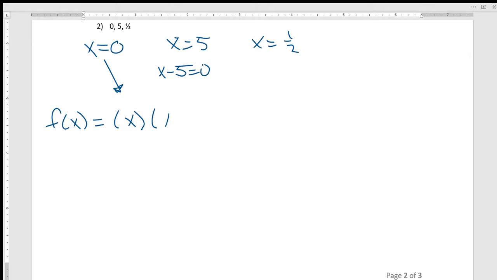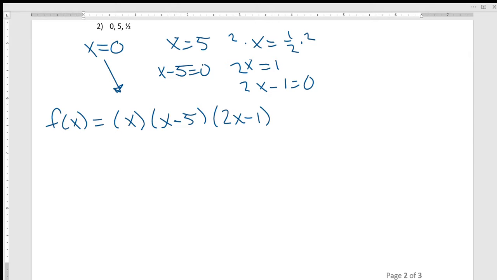So there's another factor. And then to get the third factor, we're going to start by multiplying both sides by 2, which gives us 2x equals 1, and then we'll subtract 1 from both sides, and we get 2x minus 1 equals 0. So there's our third factor.